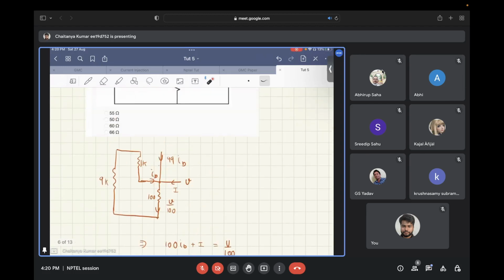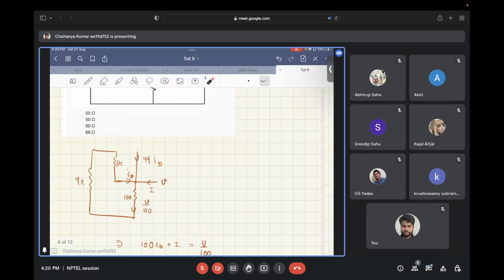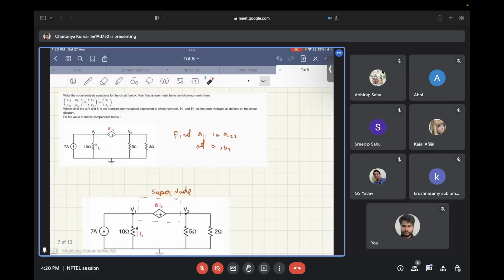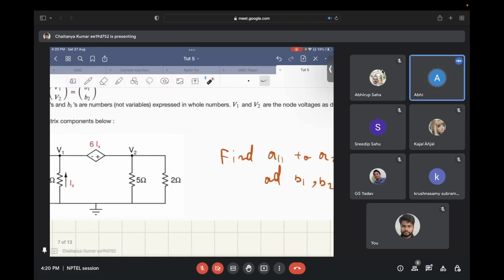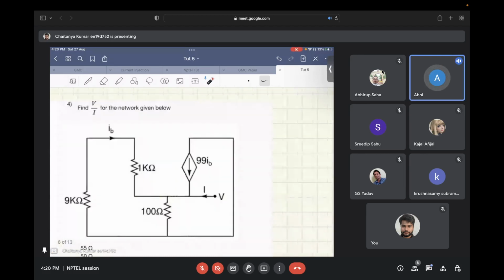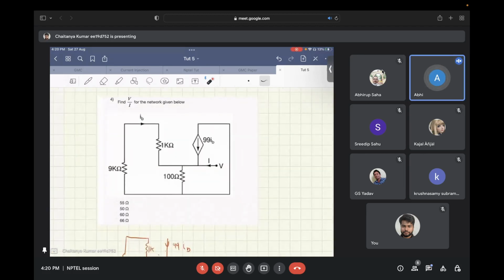Any doubt in this? Okay, so let's move forward. Sir, in the previous question, it was not explicitly given with respect to what this V voltage is defined. So in this type of question, how can we assume that?